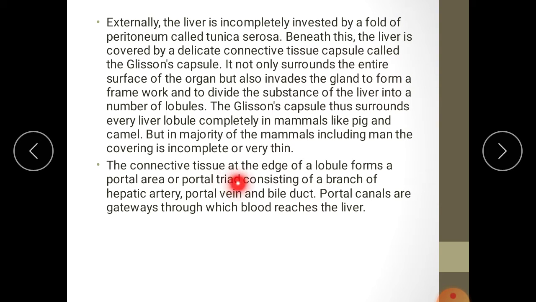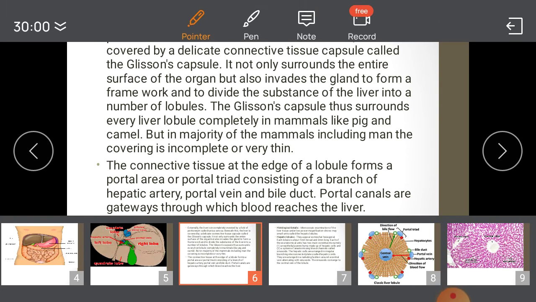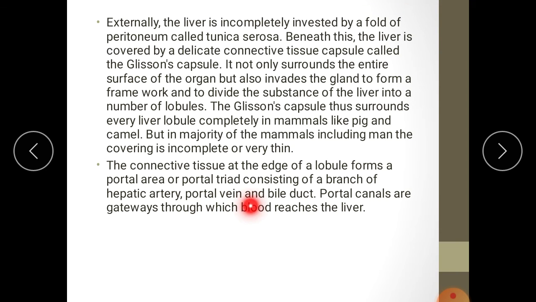The connective tissue at the edge of the lobule forms a portal area or portal triad, consisting of a branch of hepatic artery, portal vein, and bile duct. Portal canals are gateways through which blood reaches the liver.